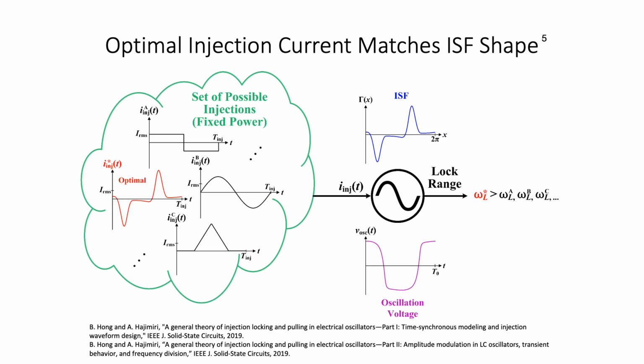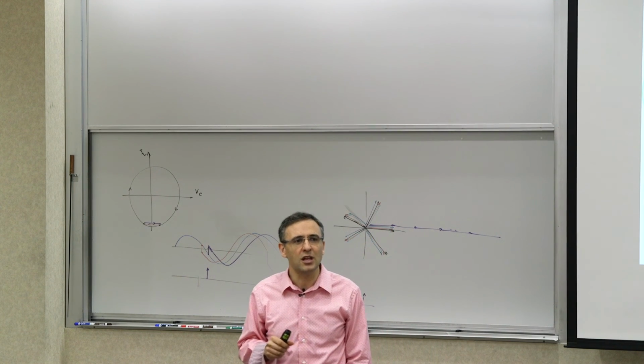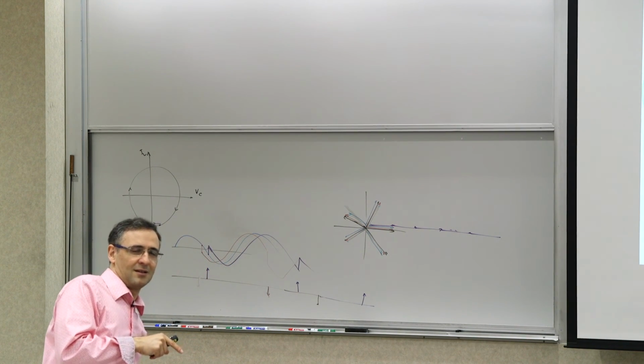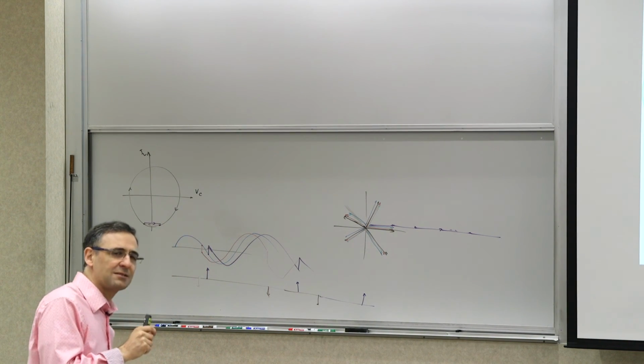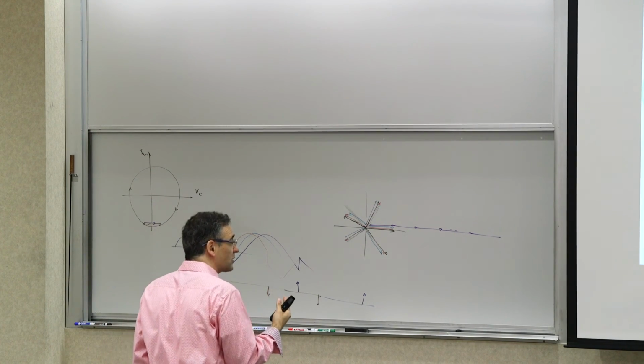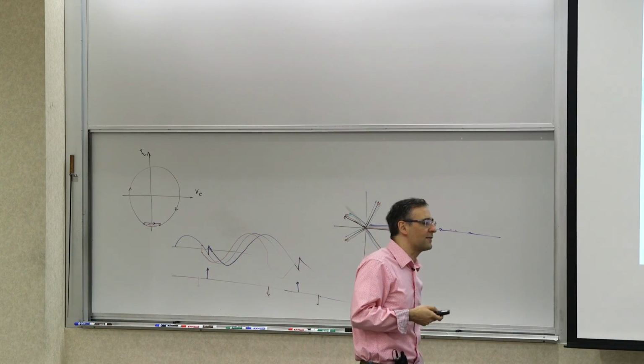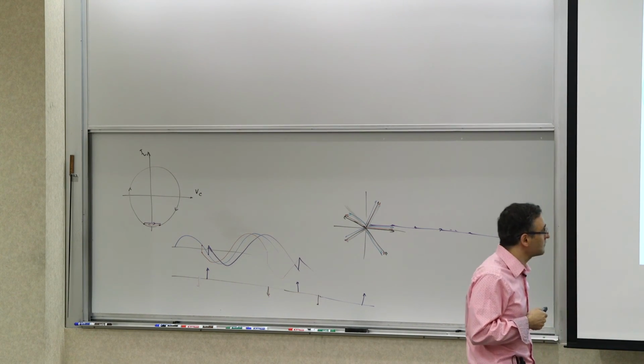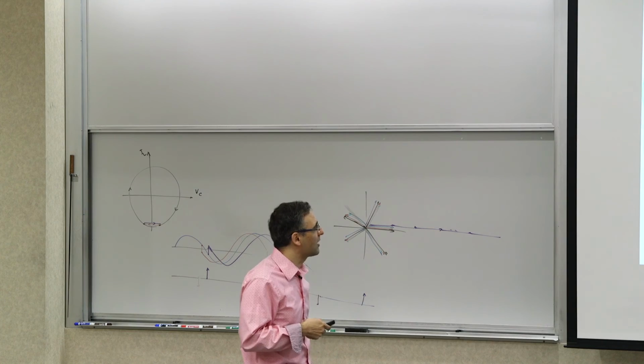But if you're trying to maximize the injection, if the shape of the injection matches that of the ISF, that would be the optimal. Because that would give you the largest product integrated over one period that would produce the maximum locking range. And conversely, if you're trying to minimize it, of course the same thing applies.